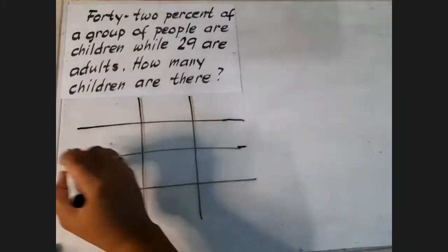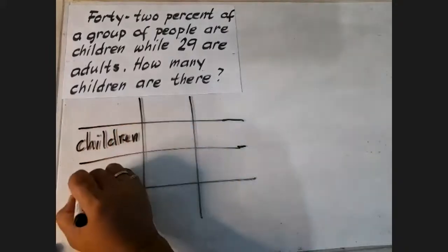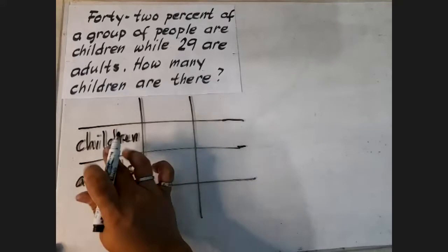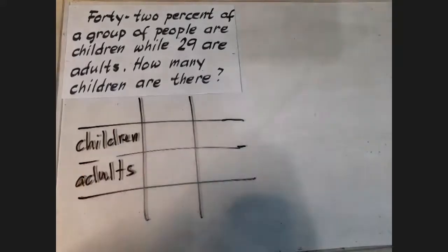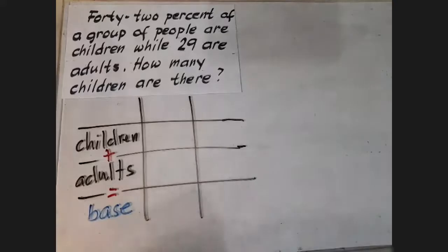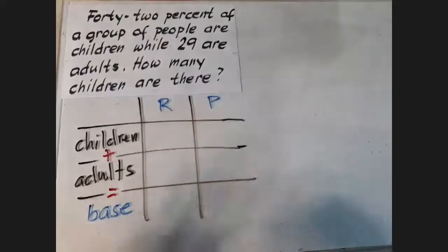This time we'll have the number of children and the number of adults. When we add these two, yung number of children plus adults, it would give us the total, which is the base. Okay, yun ang base natin. And then here, we'll have rate and then percentage.